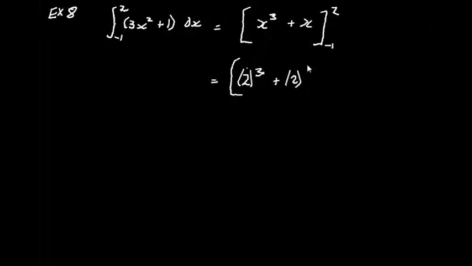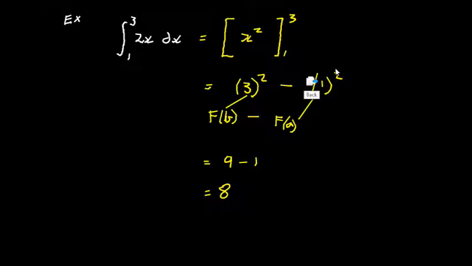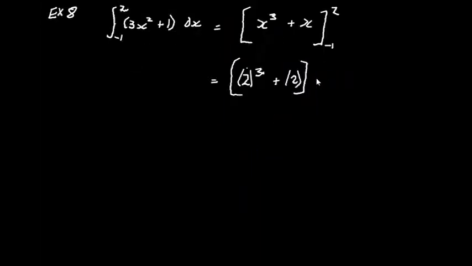And then I just put in my value for 2 and for minus 1. So that's f of b take f of a, which is going to be 2 cubed plus 2, take minus 1 cubed plus minus 1. And this is where it does get complicated sometimes when you have lots of different negatives, so it's worth doing it in steps.